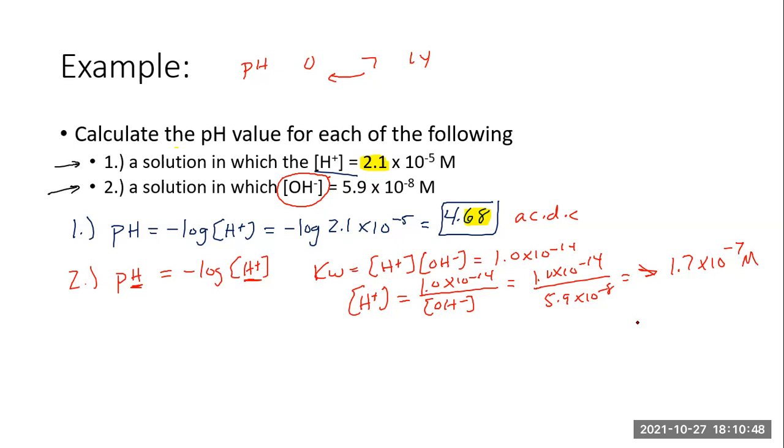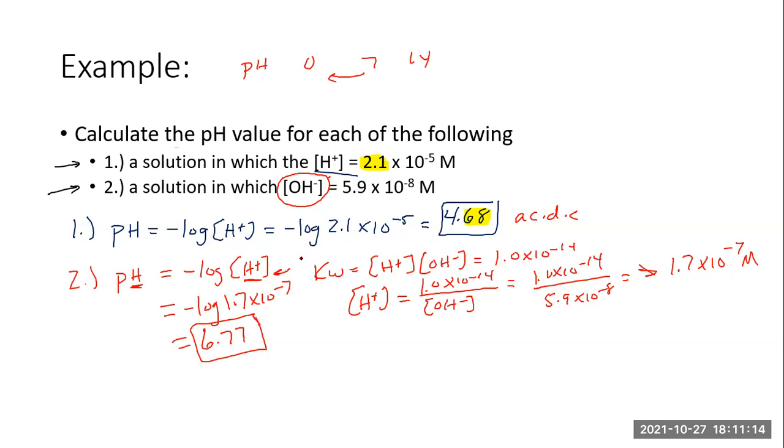Now that we actually do have the H plus concentration, we can go into the pH here. That would now be minus the log of 1.7 times 10 to the minus 7. And if we do that, you get something like 6.77 as your pH value.